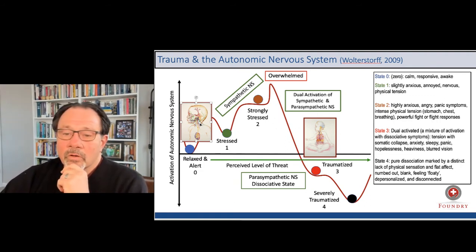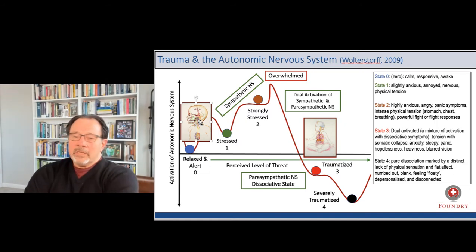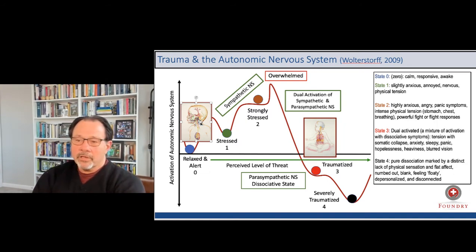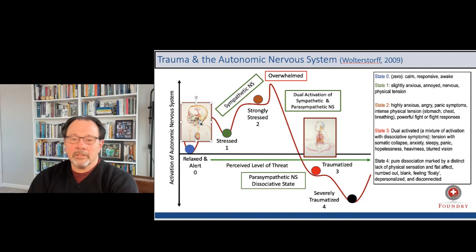A guy by the name of Stephen Porges was the first to identify the relationship of the vagus nerve, or this polyvagal system, in terms of trauma and attachment and our ability to connect to other people.